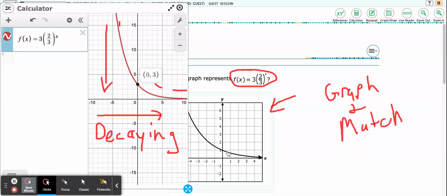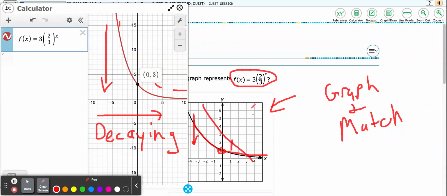So I've got an answer choice here, and its y-intercept is at 1. Okay, and that matches, it is decreasing or decaying, kind of has that same swoop, but it crosses the y-axis at 1. So this is not my answer choice.